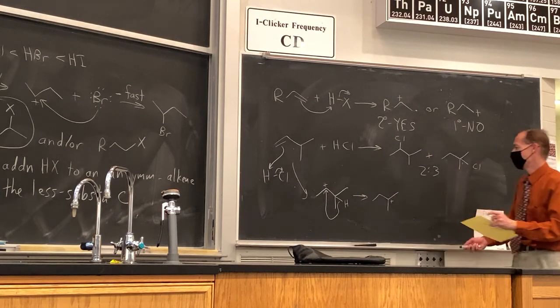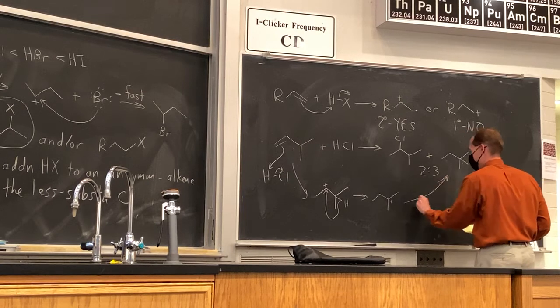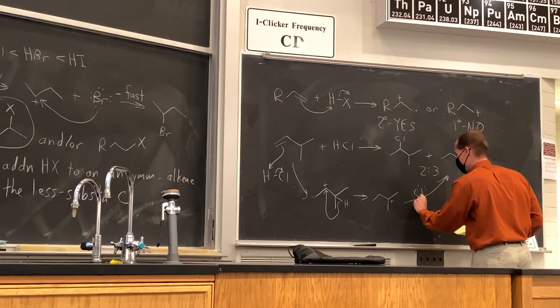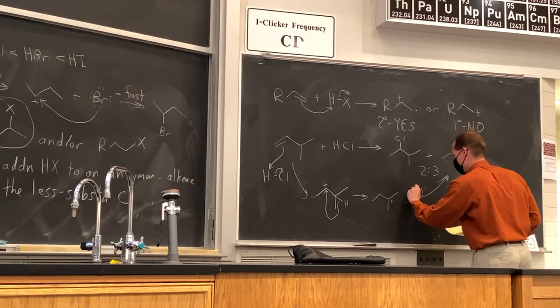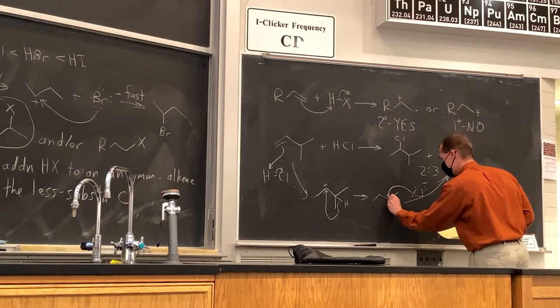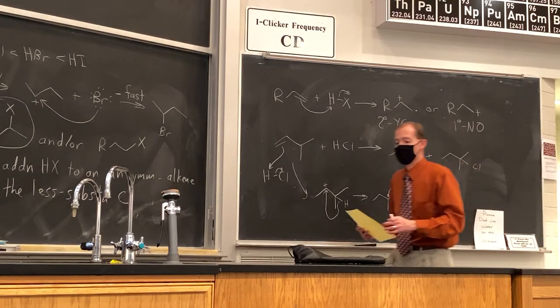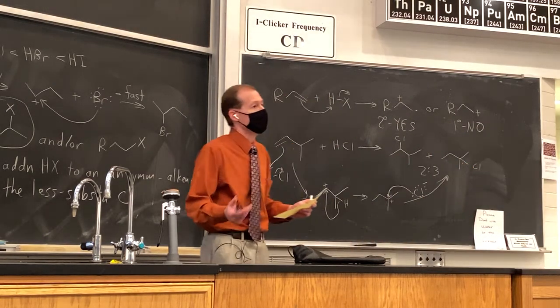That gives us a tertiary carbocation. And then our halide, our chloride, can attack that, giving us our major product. Okay, so we get both products, the unrearranged and the rearranged product, but the rearranged one is the major product.